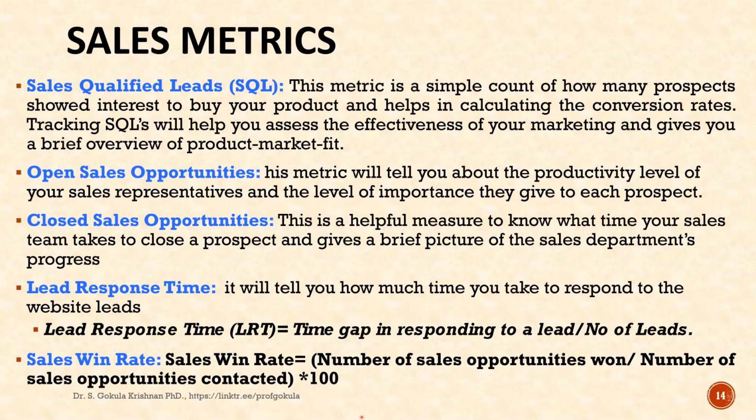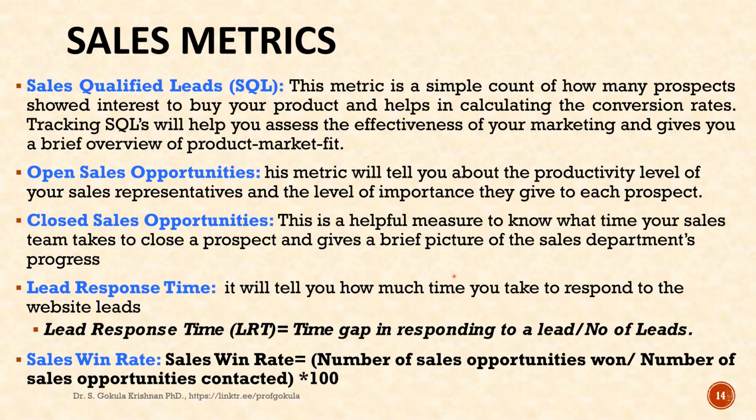The next sales metric is the sales win rate. Sales win rate is equal to the number of sales opportunities won divided by the number of sales opportunities contacted, into 100. As I mentioned when explaining open sales opportunities, your sales representative team may approach 1000 plus customers, but not all 1000 will become leads.